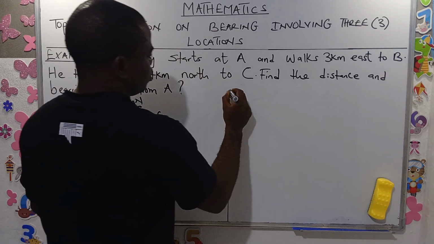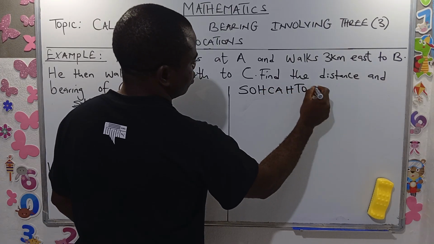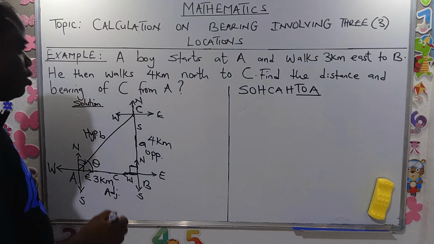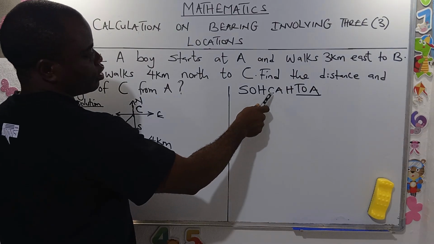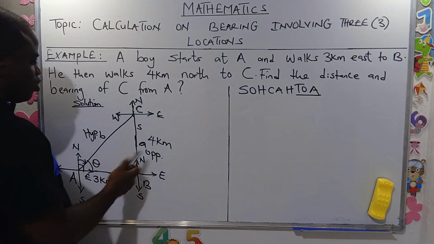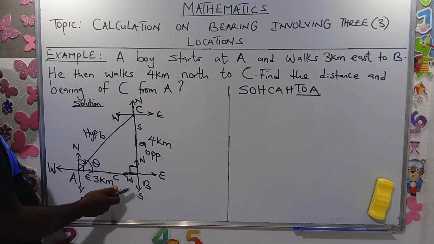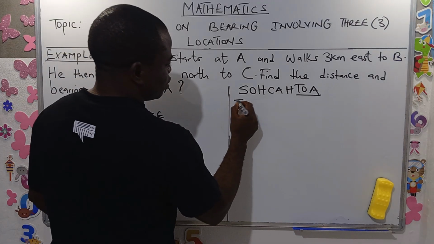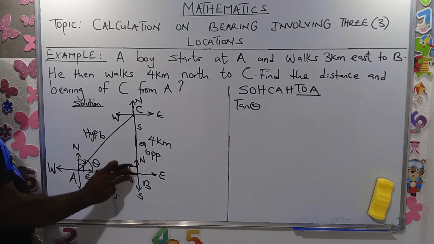That means you use your SOHCAHTOA. This TOA will be used. Sine theta equals opposite over hypotenuse, cos theta equals adjacent over hypotenuse, tan theta equals opposite over adjacent, because we have the adjacent and the opposite given in the question. We prefer to use the given values instead of the calculated one.